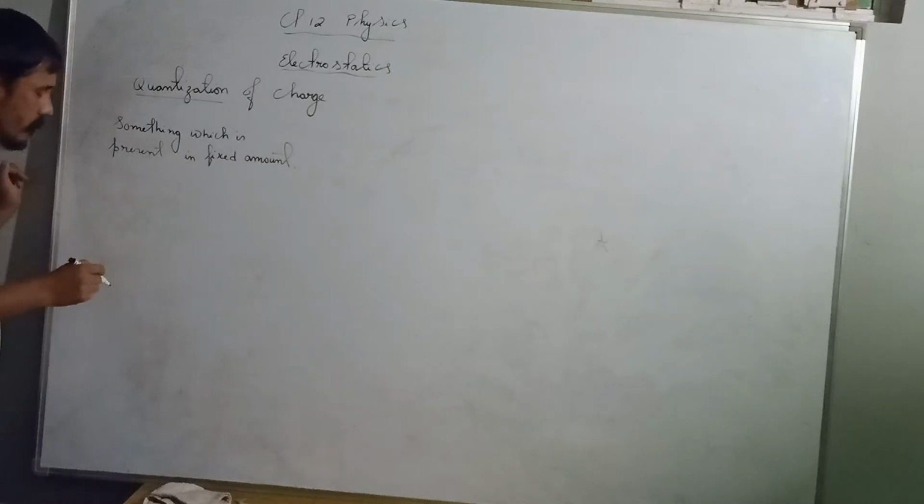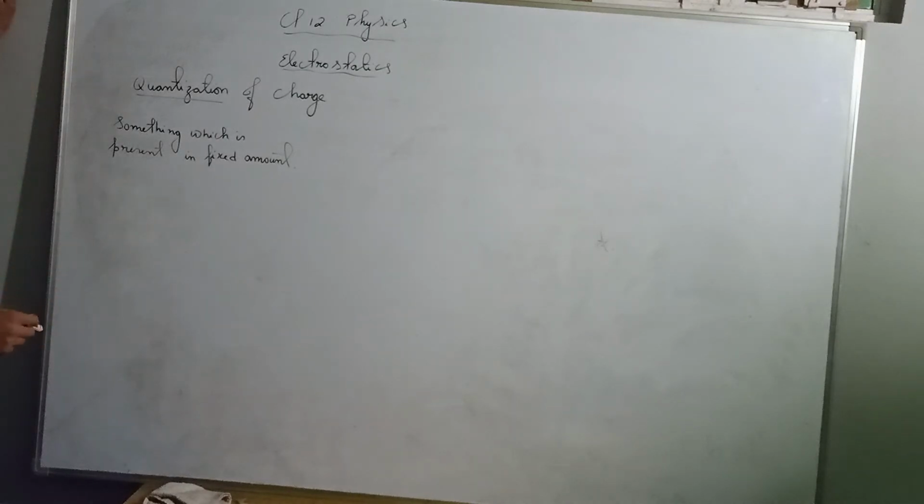See, I'll give you an example. Suppose you went to town to buy some pens. You cannot say, give me -4 pens. You cannot say, give me 4.7 pens, right?